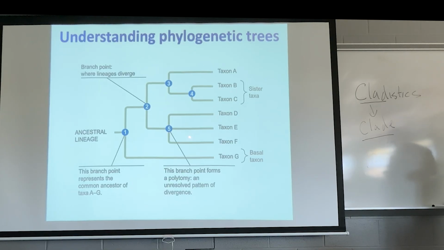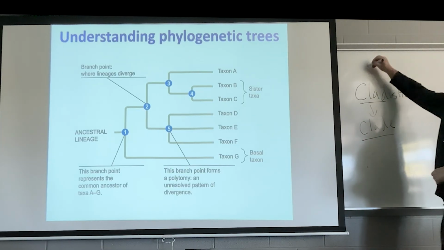And so this is a representation of a tree. This is how I like trees to look. I'll show you another way that you see trees, but I like the dichotomous branching that a diagram like this shows. And where branches merge, this is where the numbers are, those are called branch points, or another name they give them is a node.